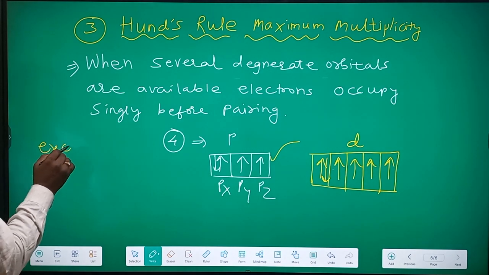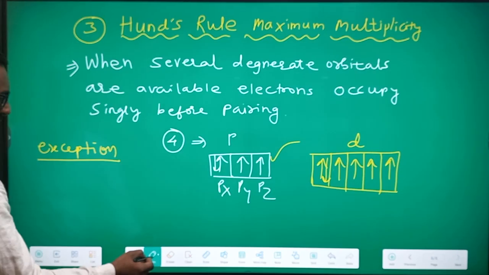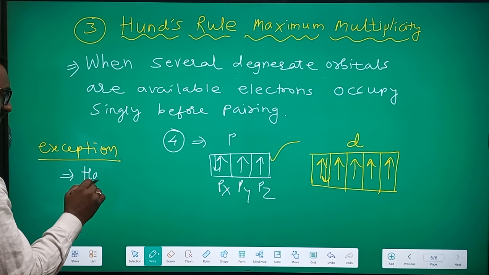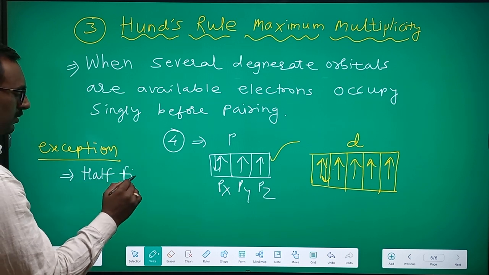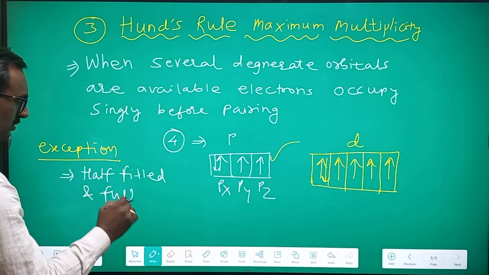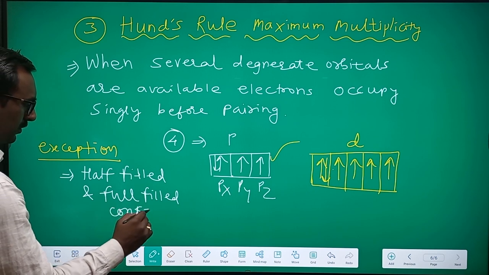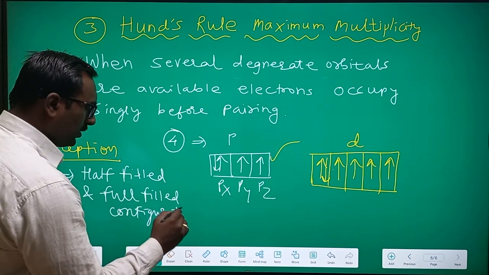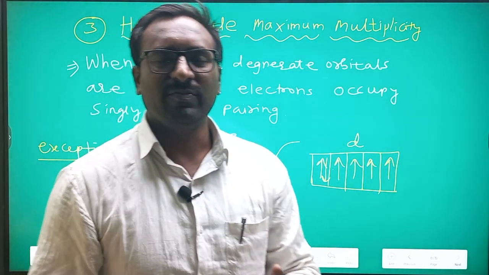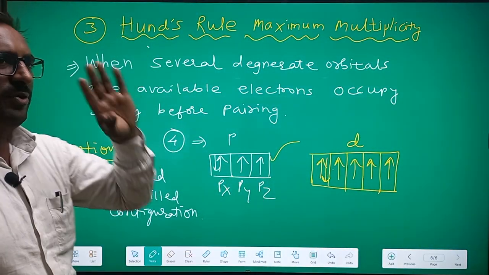The exception is when half-filled and fully filled configurations are possible. Whenever there are chances of half-filled and fully filled configuration, which acquire maximum stability, Hund's rule will not be obeyed.